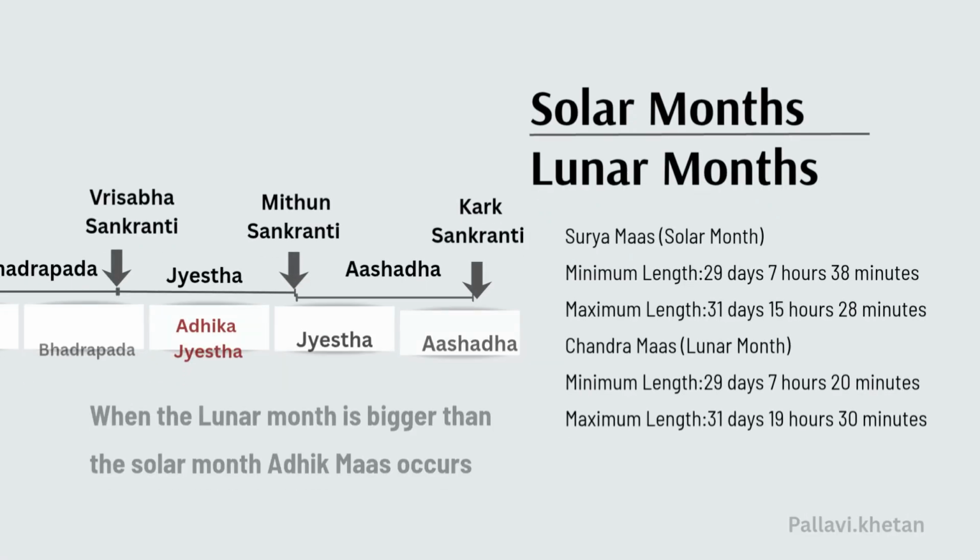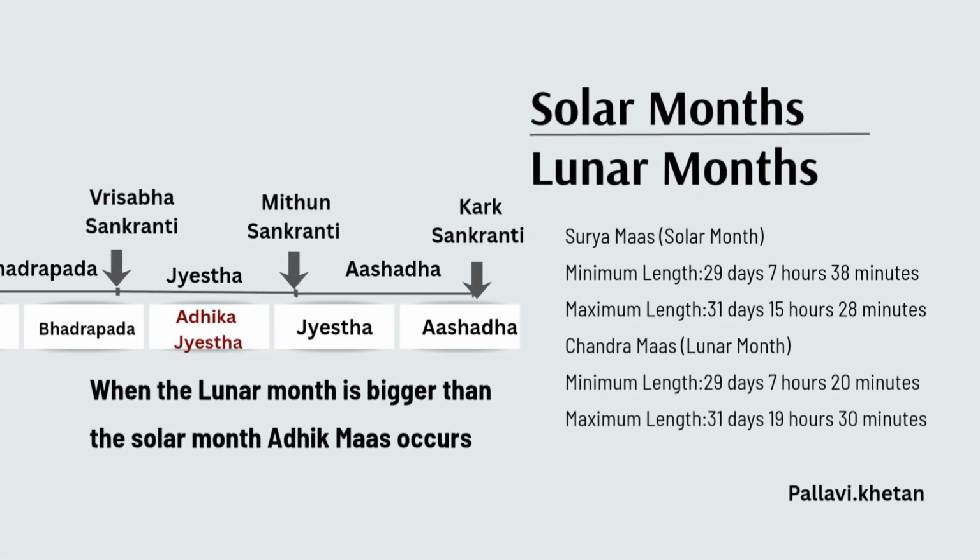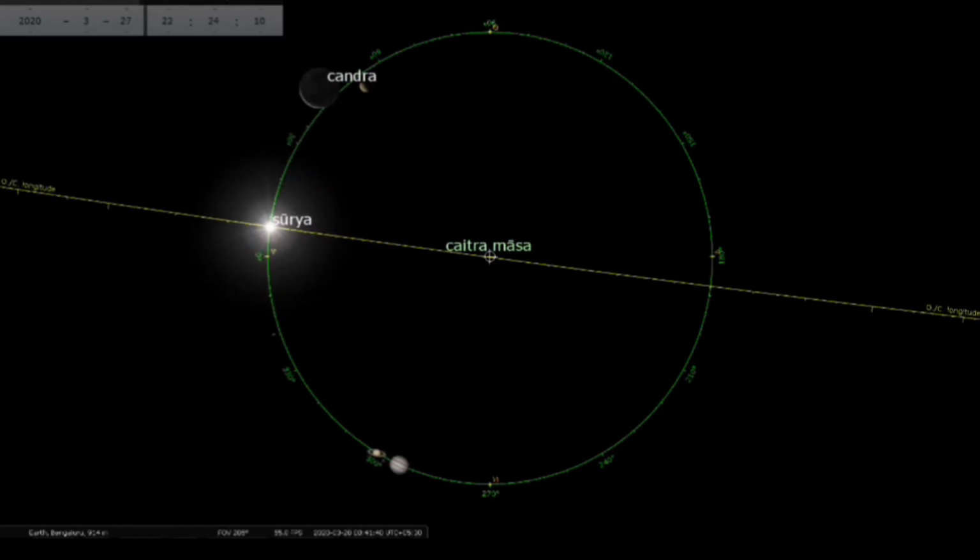But this insertion of the month is not random, it is not fixed either, because every 3 years the extra month will fall at any time of the year. So this insertion is also based on the astronomical observation and based on the real time planetary positions. So in order to understand that, first let's understand how months are named in the Hindu calendar.